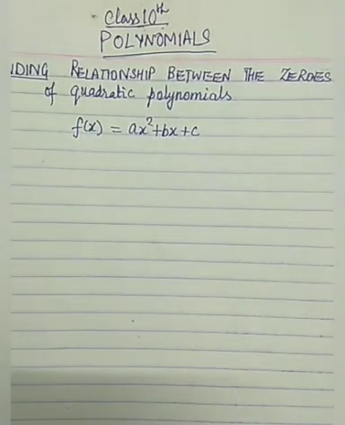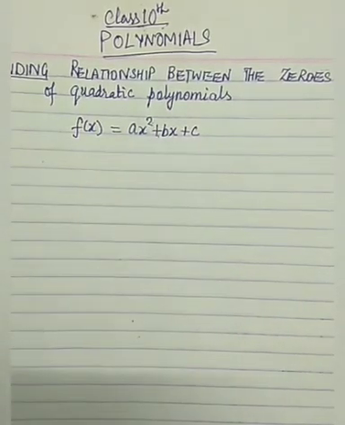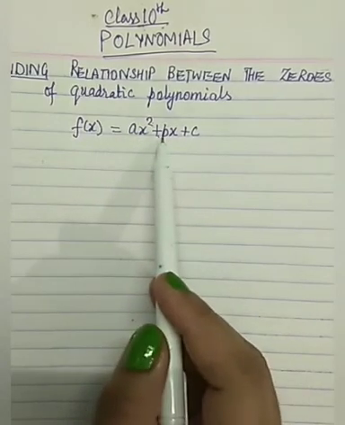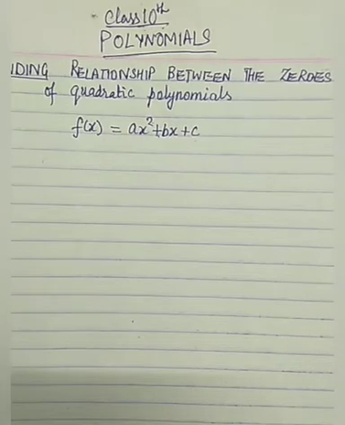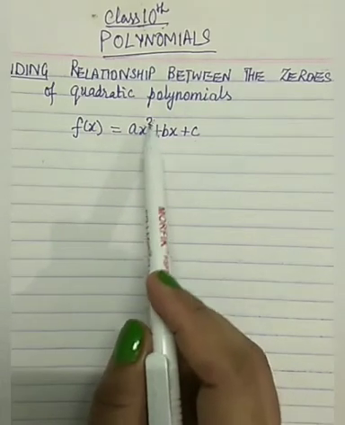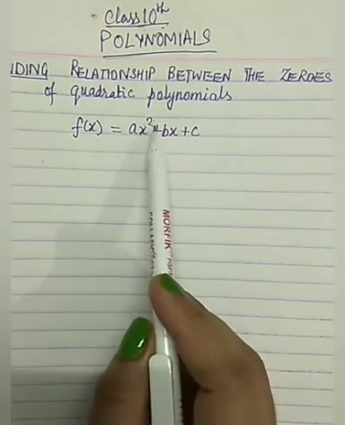This is a quadratic polynomial because x has the maximum exponent power 2, and a, b, c are the coefficients of this quadratic polynomial. Since it is a quadratic polynomial, it will have two factors, because having the power 2 shows that this polynomial has two factors.